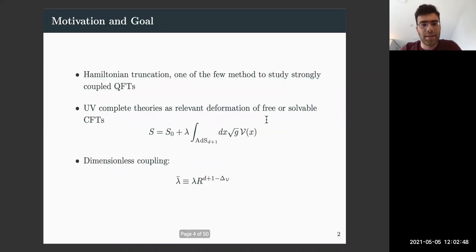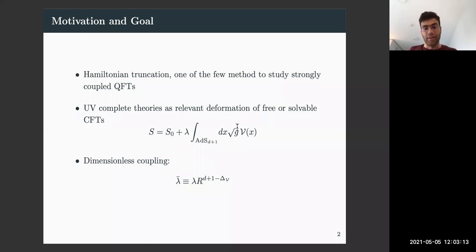Okay, I don't think I really need to motivate this audience much about quantum field theory in AdS. But anyhow, Hamiltonian truncation is a promising method to study strongly coupled field theories. We are interested in studying quantum field theories in curved background, the UV complete theories as relevant deformation of free or solvable CFTs.